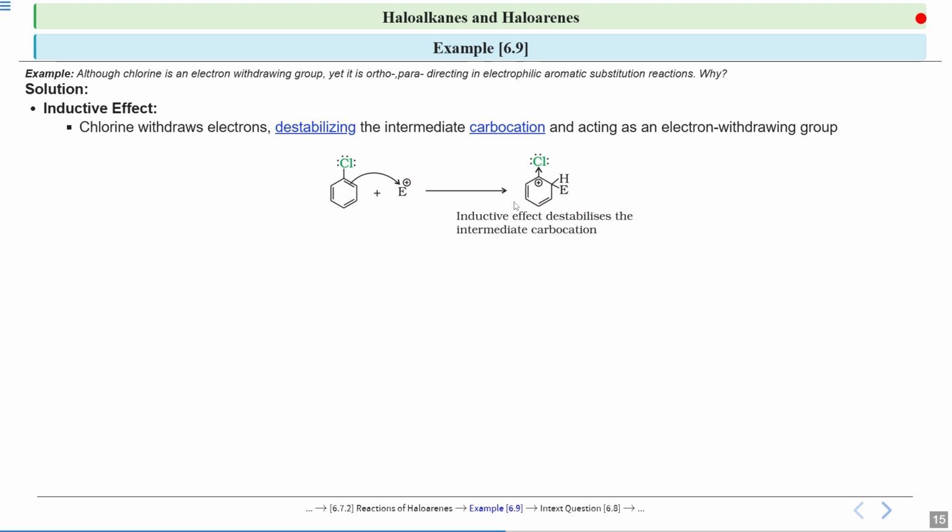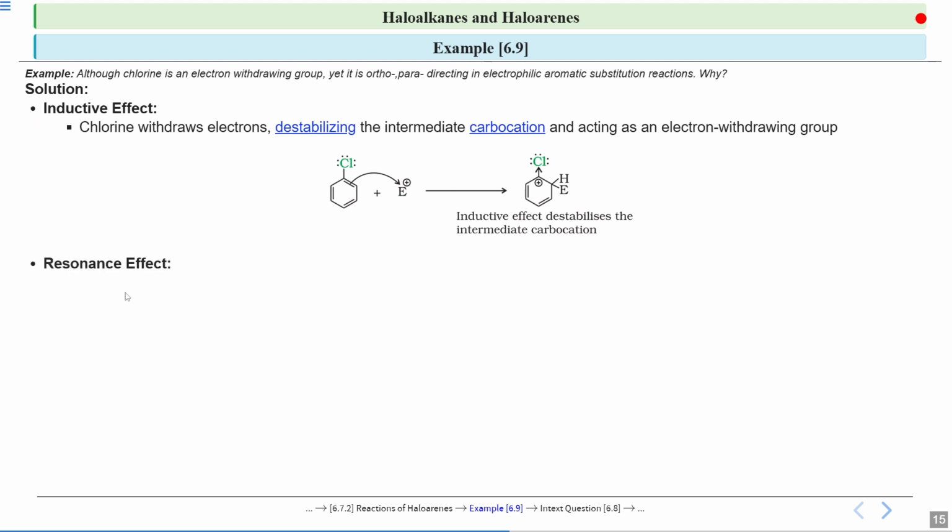After the withdrawing of electrons towards the chlorine, positive charge comes at this carbon. So the carbocation forms, but it is unstable. So the inductive effect is destabilizing the intermediate carbocation, and this is how the chlorine acts as an electron withdrawing group.